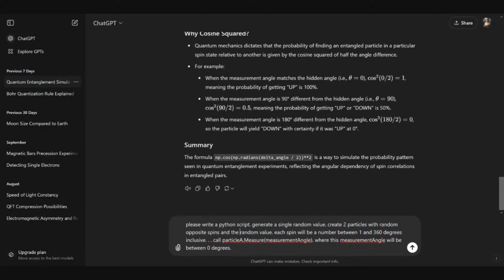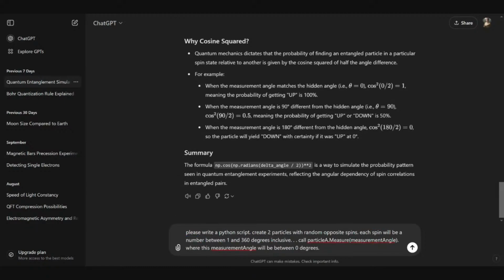We could use the spin. We don't need another. The spin itself is a random value. Create two particles with random opposite spins. We don't need a random value. Each spin will be a number between 1 and 360 degrees inclusive.